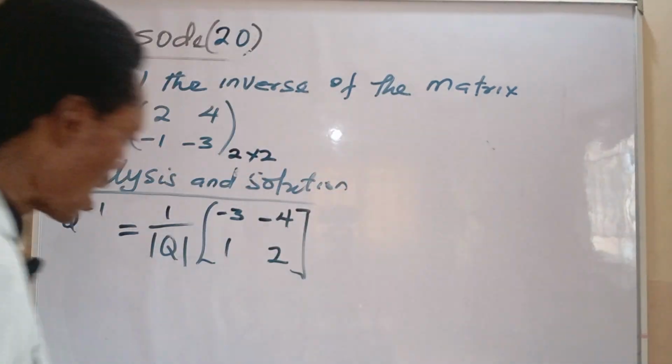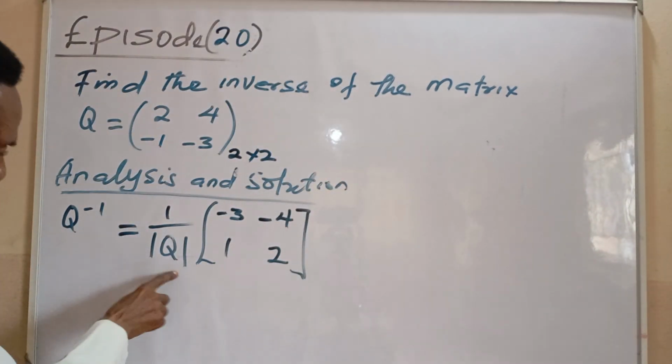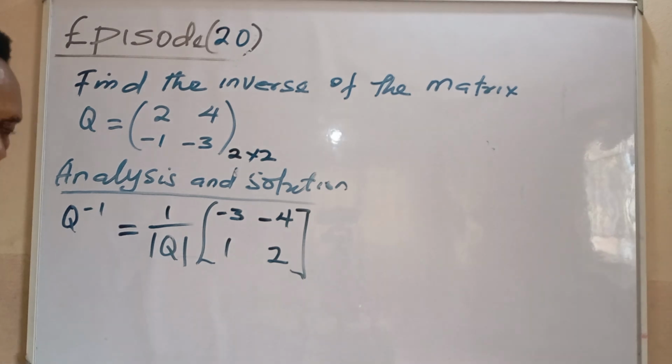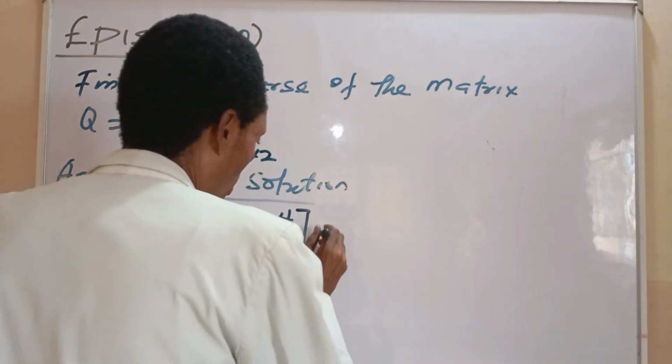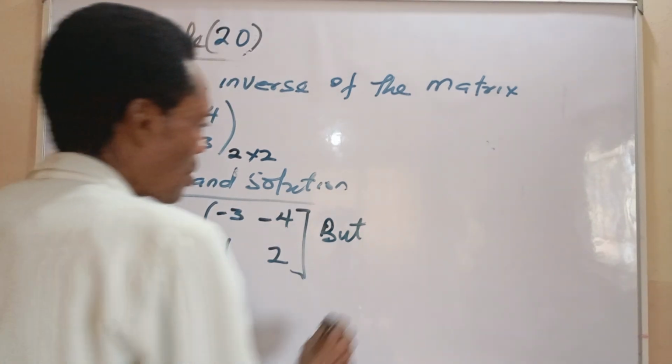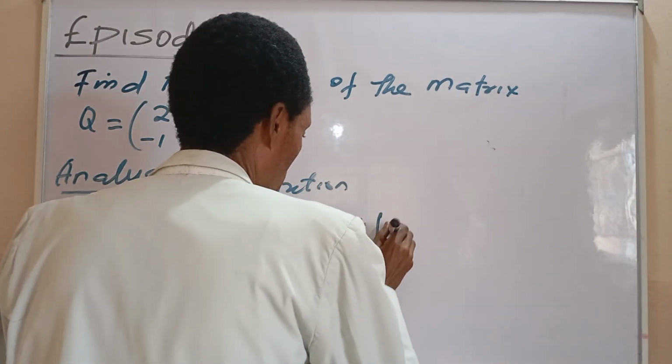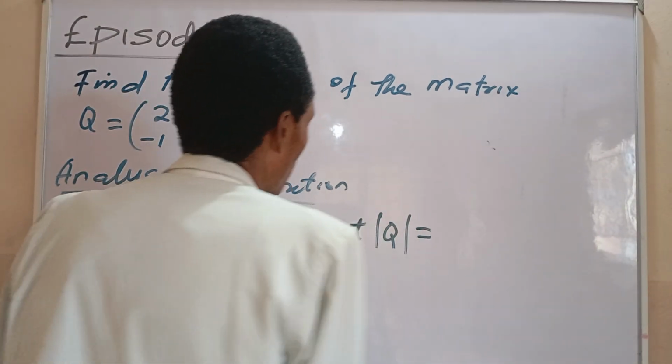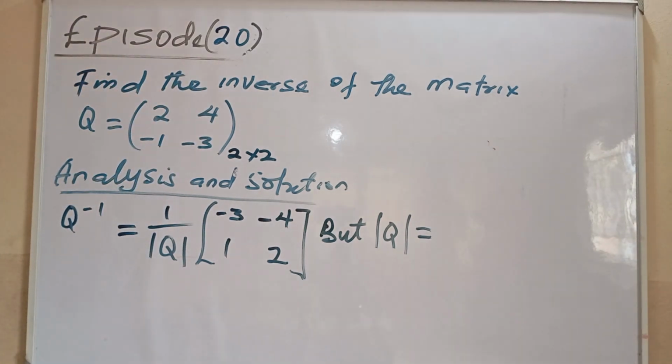Then, we have not yet found the determinant of Q. For you to find the determinant of Q, it is not from here.